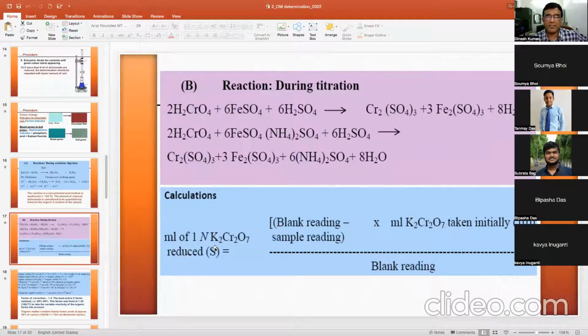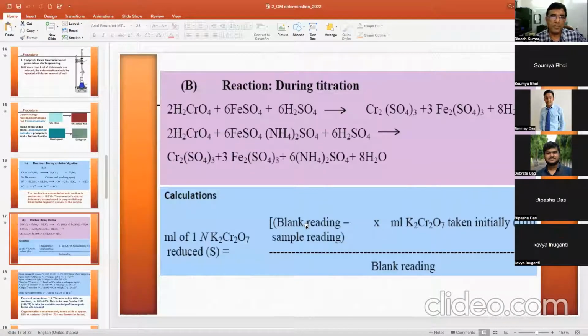So how is this S worked out? Blank reading will be higher, because in the blank there may not be carbon. If carbon is not there, that means it will not get reduced much. Very little will be reduced. So you will get a high blank reading, minus the sample reading.